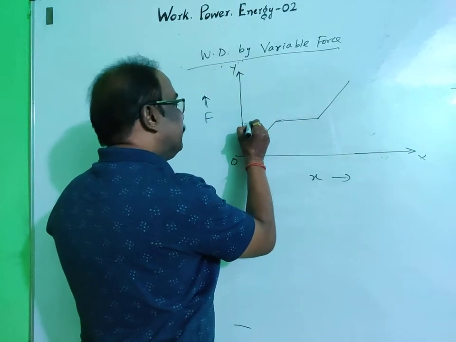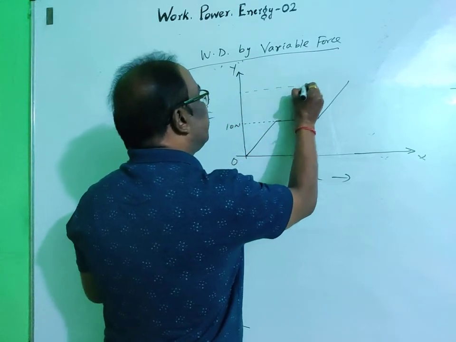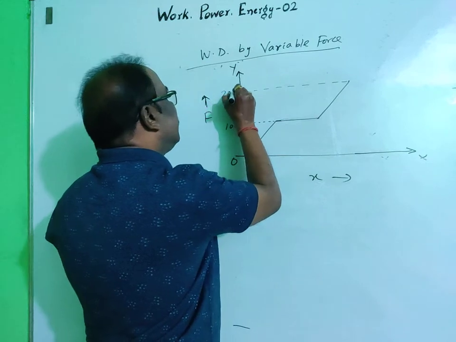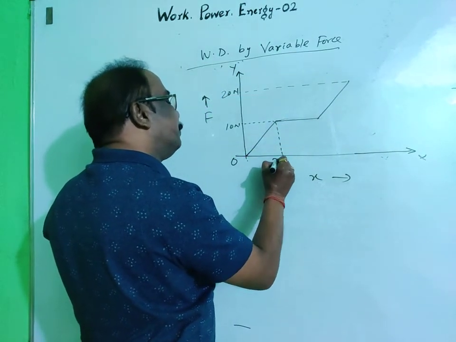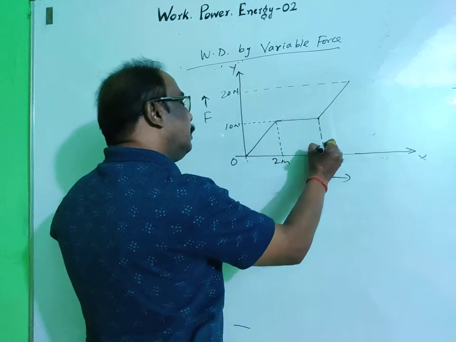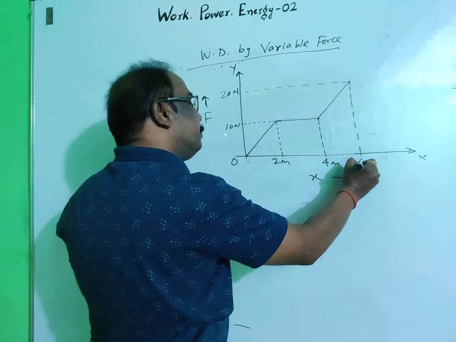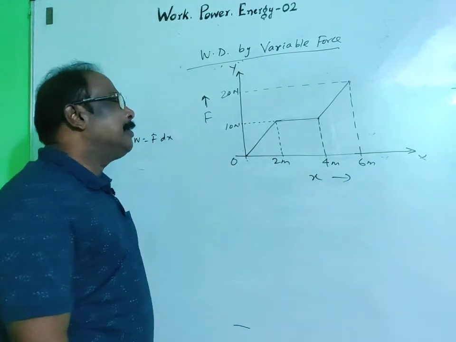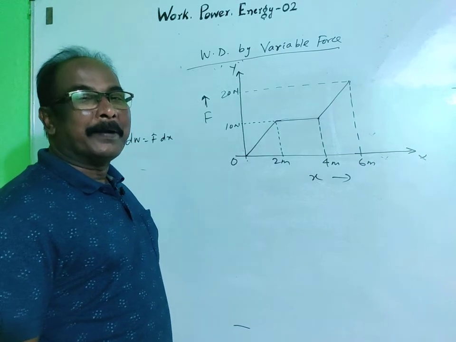Here magnitude of force is 10 Newton. Here magnitude of force is 20 Newton. And this displacement is 0 to 2 meter, and here 0 to 4 meter, and here 0 to 6 meter. Then it is asked to calculate total work done.